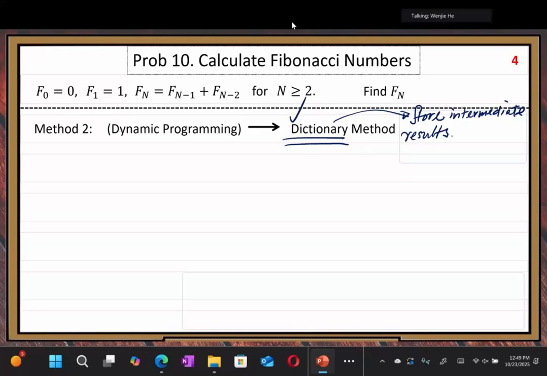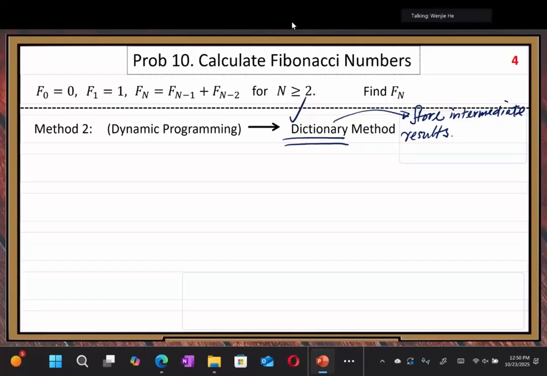We need to check if the current value to be computed is available in a dictionary or not. If we calculate that value, then we should not calculate it a second time, right?